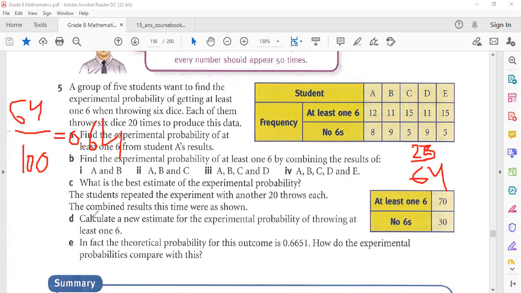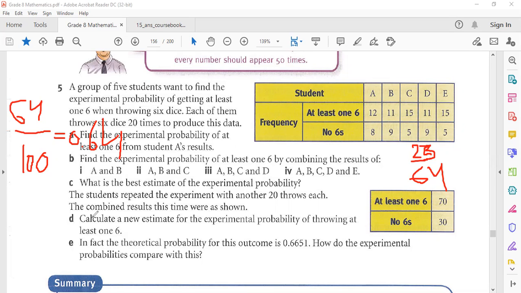Okay, the students repeat the experiment. Okay, now A B C, you are doing the same thing. Okay, so the students repeat the experiment with another 20 throws each time. The combination of the results of each time is shown.